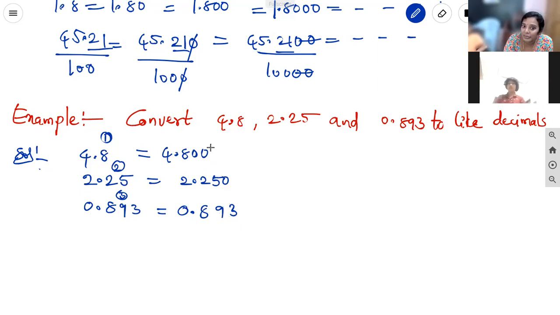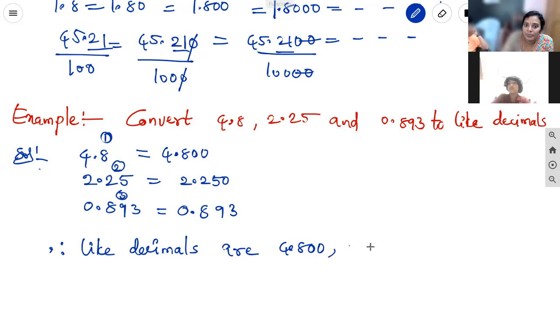Now you can see, after the decimal point, how many digits are there? 3 digits here, and here also 3 digits. Therefore, the like decimals are 4.800, 2.250, 0.893. This is the conversion of unlike decimals to like decimals.